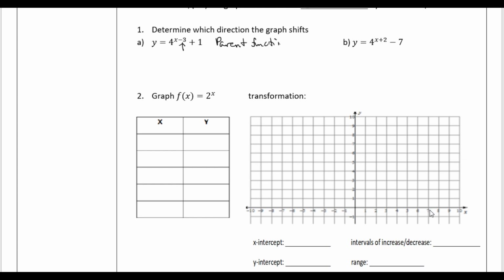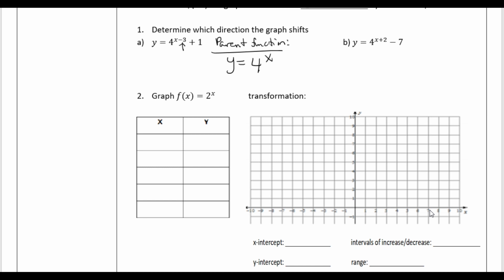Remember, the parent function is the original function that doesn't have any transformations on it. So in this example, the parent function is y equals 4 to the x power. That's the bare bones function that is not transformed at all.